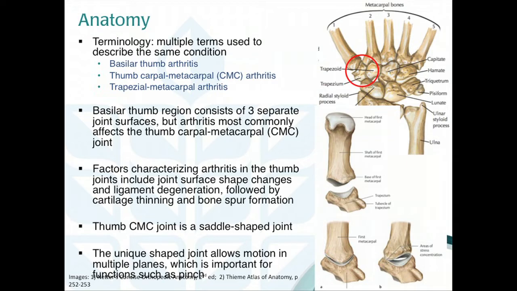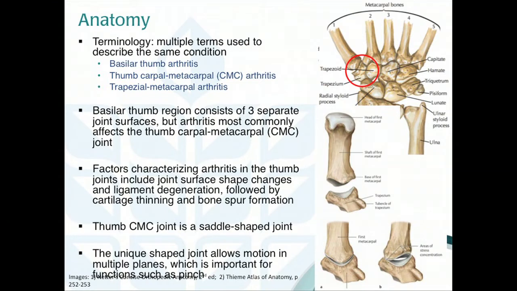And more specifically, this little bone over here is called a trapezium. So the basilar thumb region describes this region, and there are actually 3 separate joints. And then this whole region in general is called basilar thumb. So if you do an internet search on it, you might run into multiple terminologies that essentially describe one condition. The vast majority of the time, this joint is the culprit in terms of causing pain.